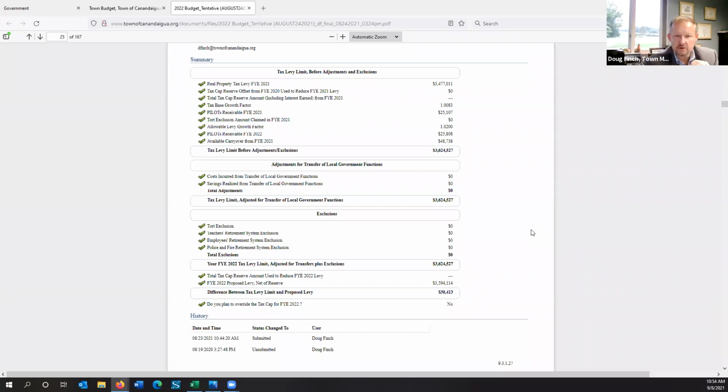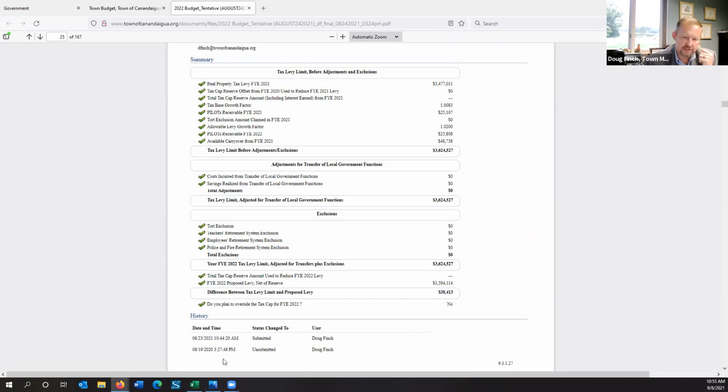And for 2022, the 2022 fiscal year, our tax levy is $3.6 million. And the 2022 budget, tentative budget, proposes a tax levy of $3.59 million, putting us $30,000 under the tax cap or the tax levy limit, meaning this is a tax cap compliant budget.